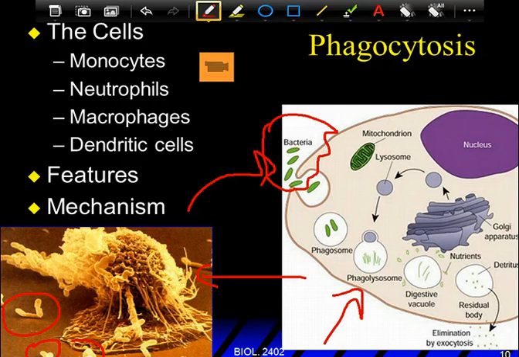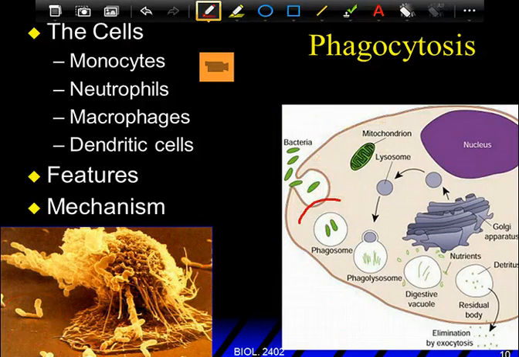So the first thing that happens is the phagocytic cell attaches to, makes contact with, the thing that it's going to ingest. It then forms a kind of phagocytic cytoplasmic surround around the microorganism or whatever, and that's endocytosis. And so the organism comes into the cell and it forms a vacuole. It's called a phagosome.